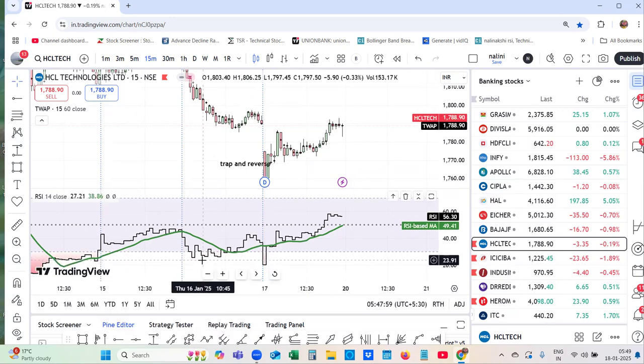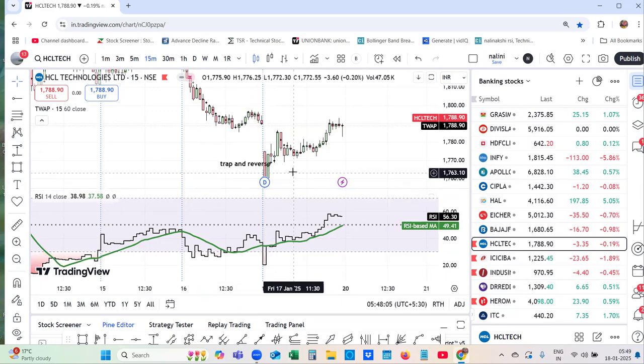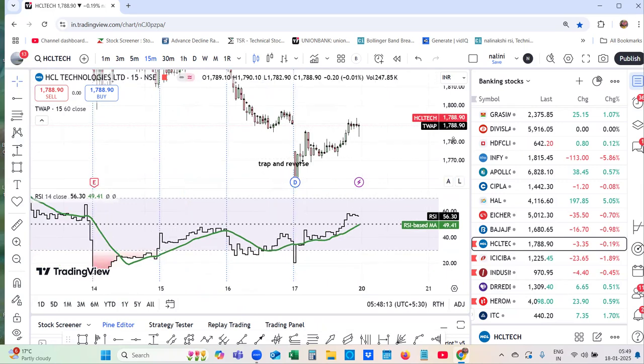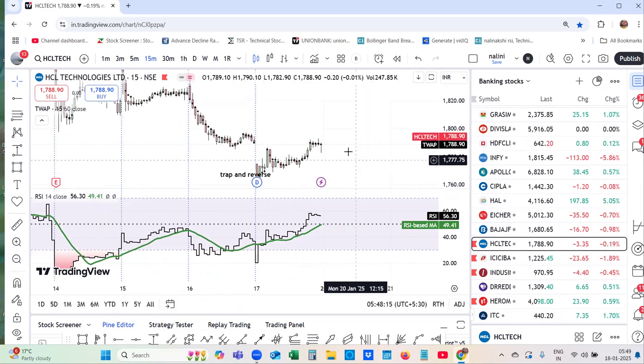See, it has also trapped the RSI level, swept down because it is a dividend day, and it has reversed. RSI has climbed over. This is a reversal pattern. If you track this stock, you can do that.